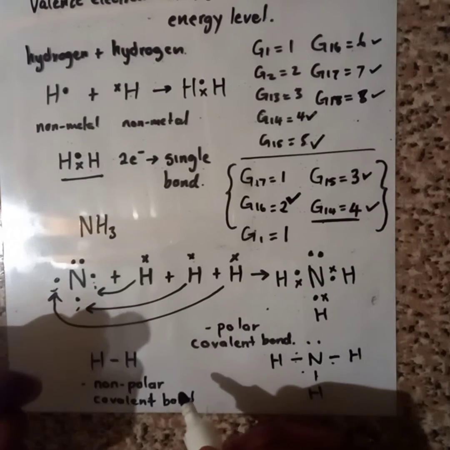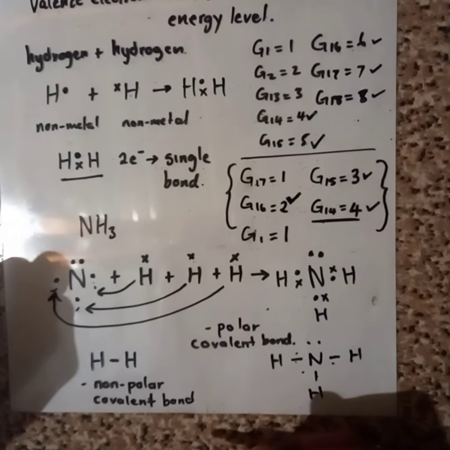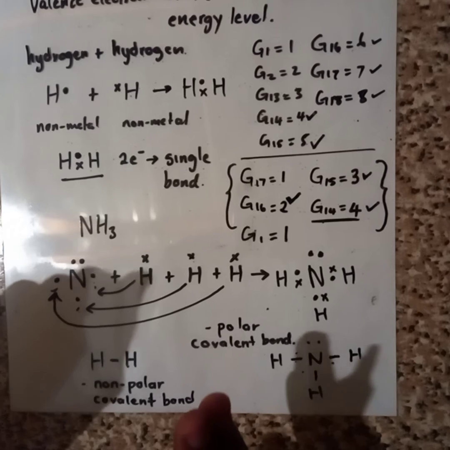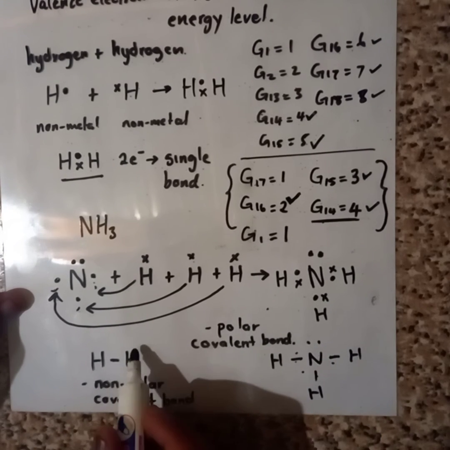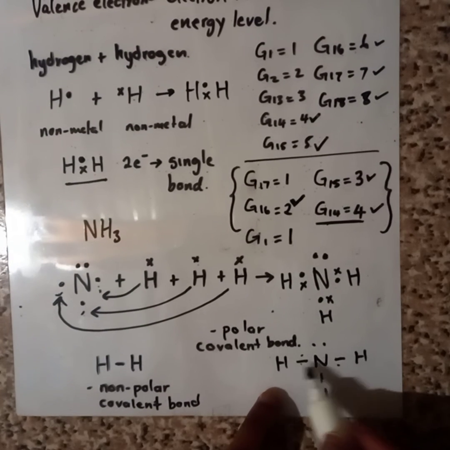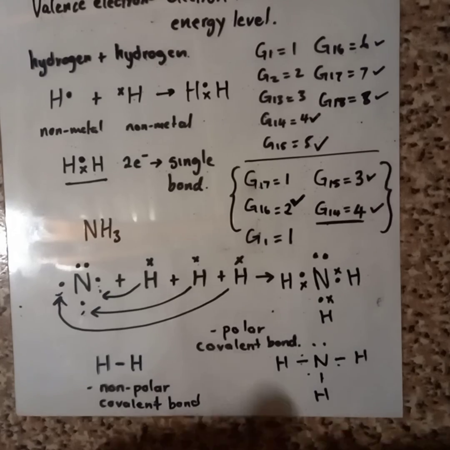But you are going to do these ones in depth when you reach grade 11. For now, we can just stop here. Non-polar for the same, polar for different elements. You see, I'll just stop here for you.